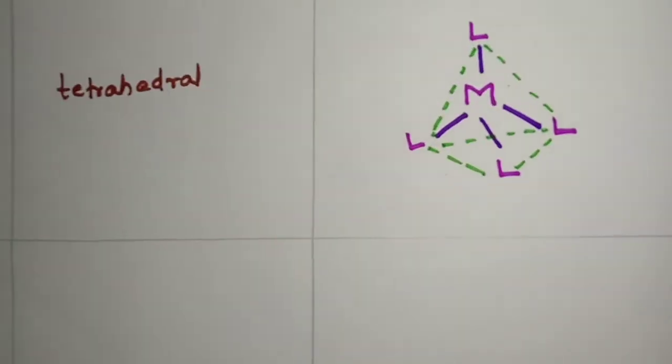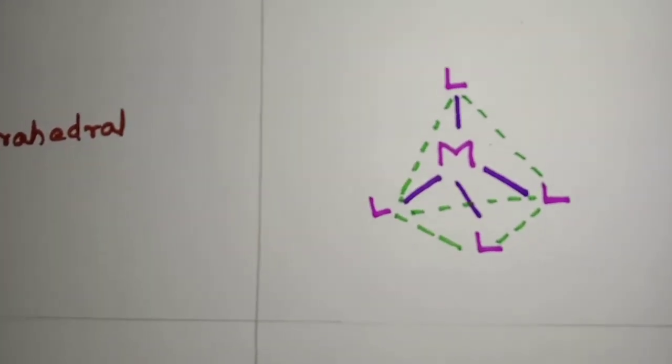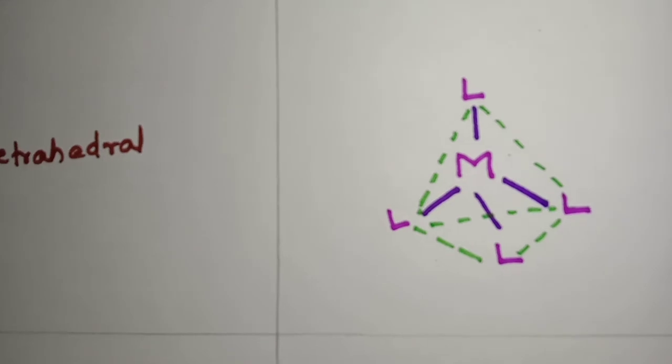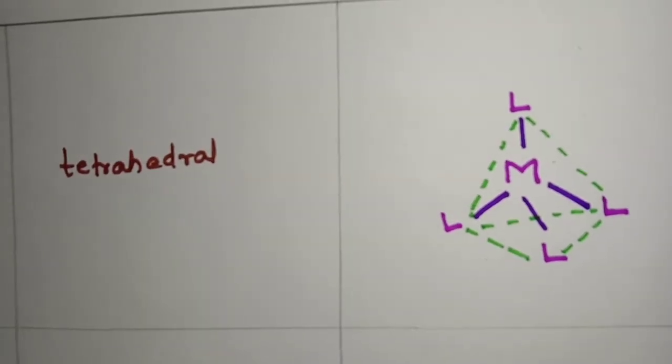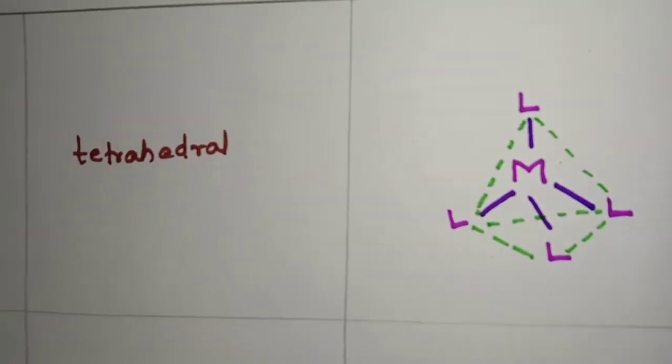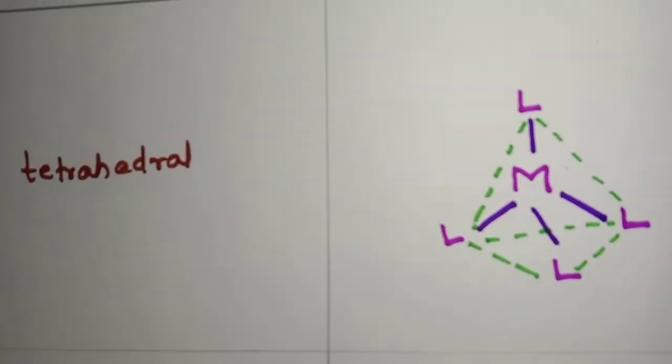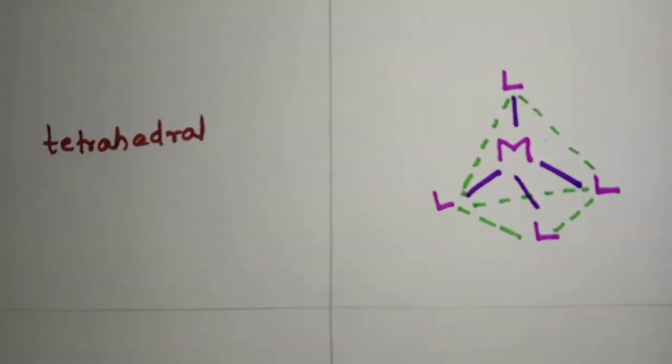So this is the structure of the complex when the coordination number of the central metal is 4, hybridization sp3 and shape tetrahedral, students.